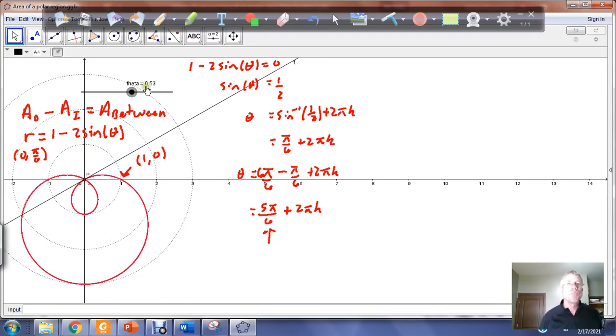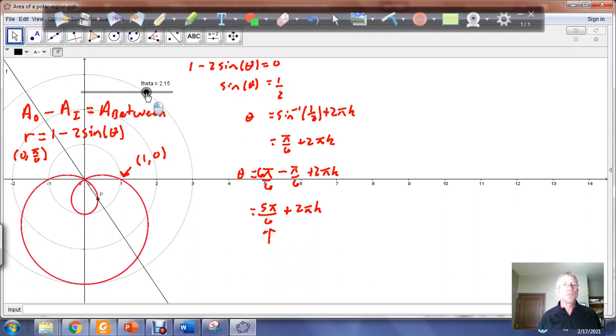So there's that 0.5. And then 5 pi over 6, that's going to be 5 times 3 is 15, 15 over 6 is about 5 halves, so at about 2.5 radians. If we keep this going out to about 2.5, swinging around, we're about back to the origin.